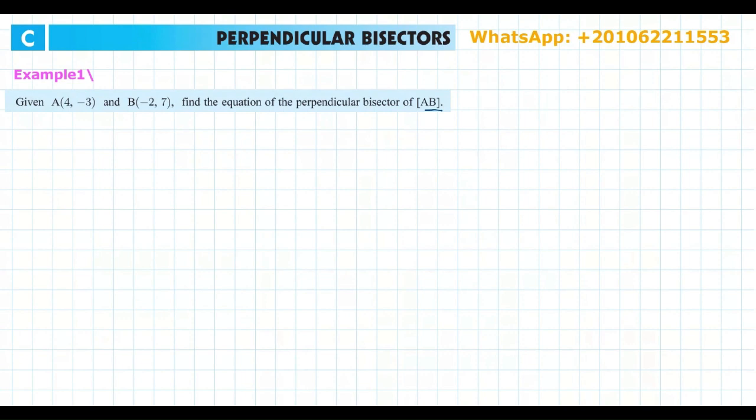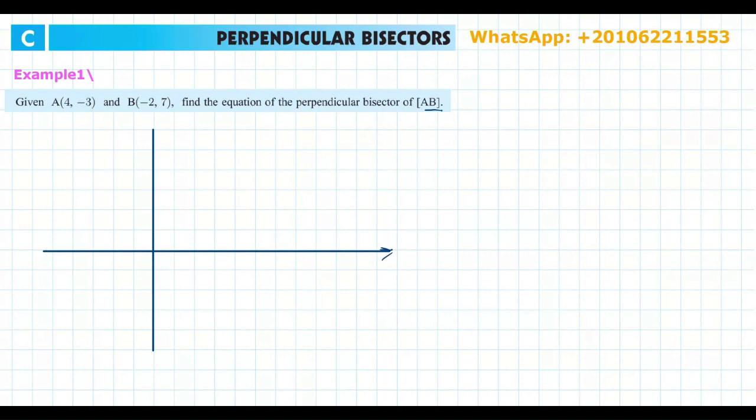Okay, let's deal with the first example right now. You're going to graph the y-axis and then the x-axis. After that, you're going to plot the points. Here could be 2, then 4, then 6 and 8.